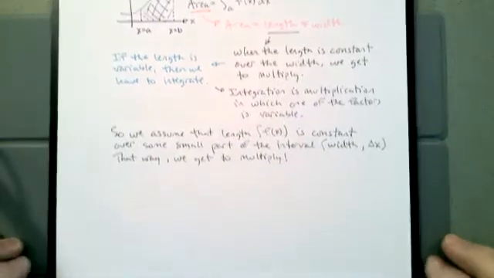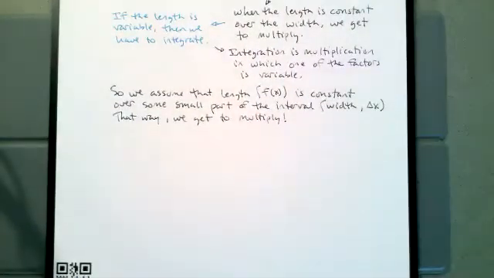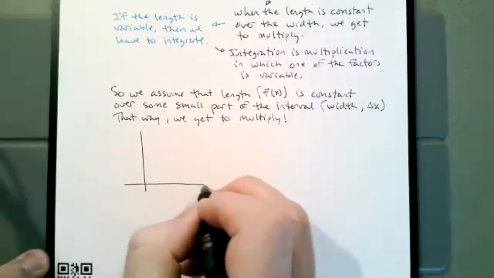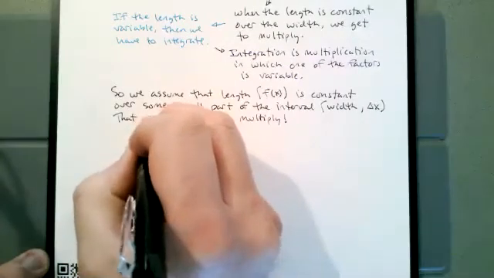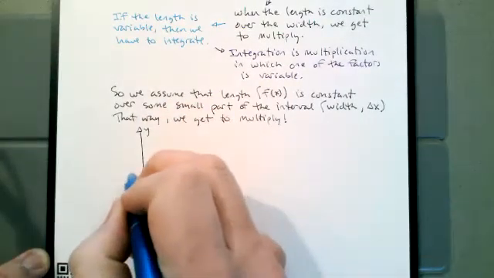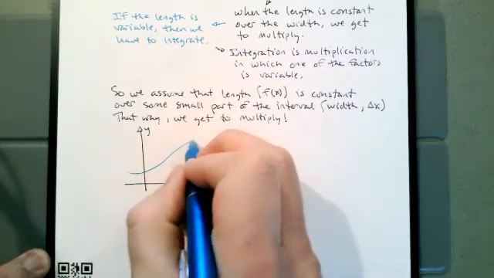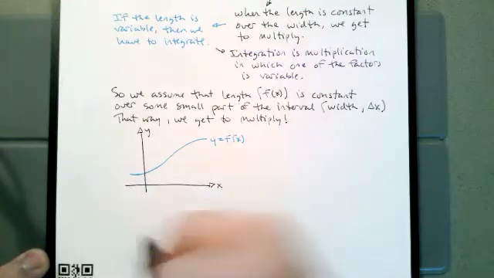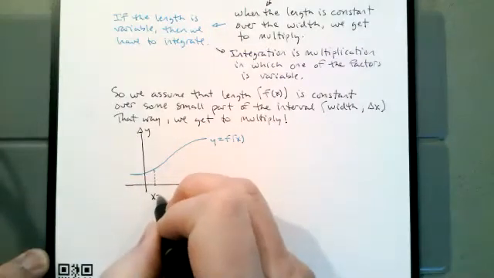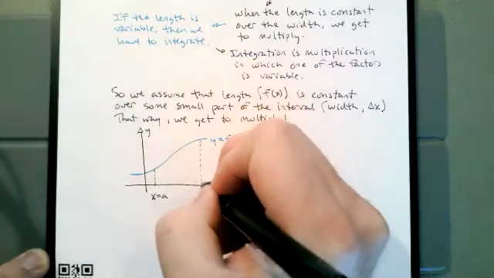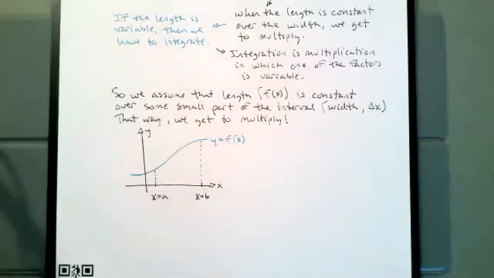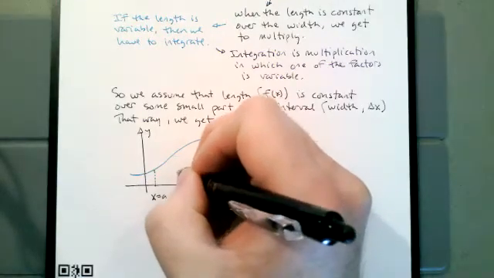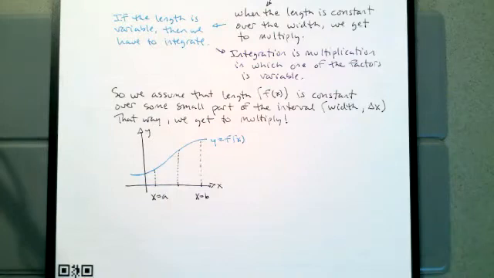So if I can scroll. The way we're going to look at the function between a and b is we're going to break the interval from a to b into parts, and we're going to assume that the function is constant.